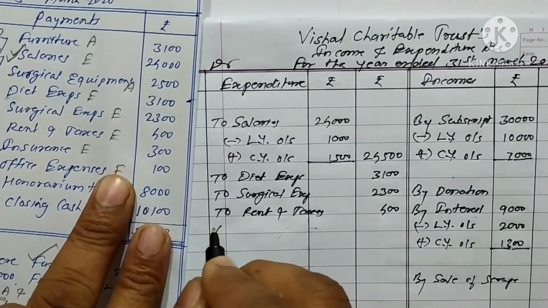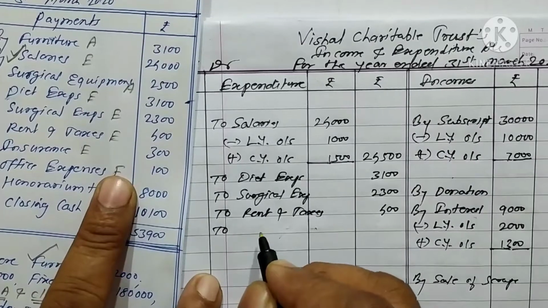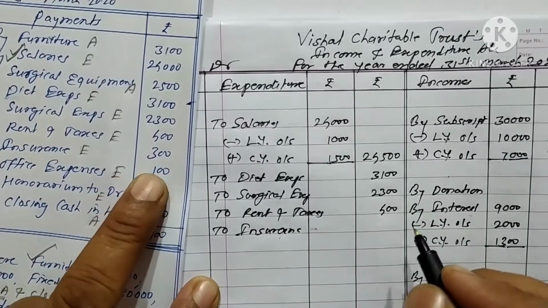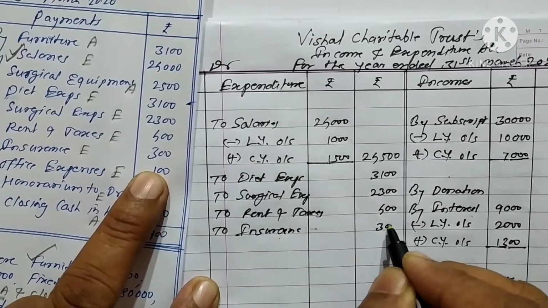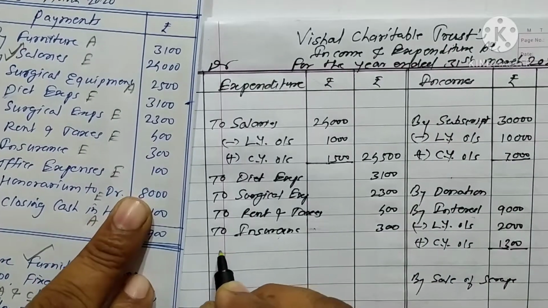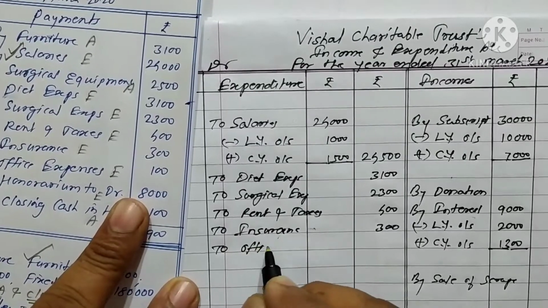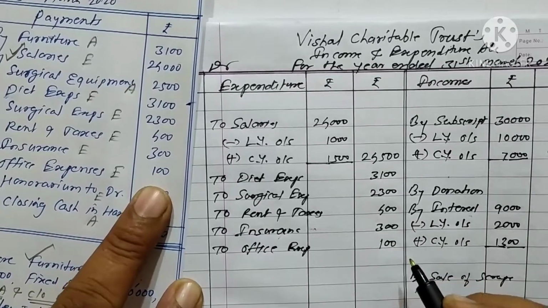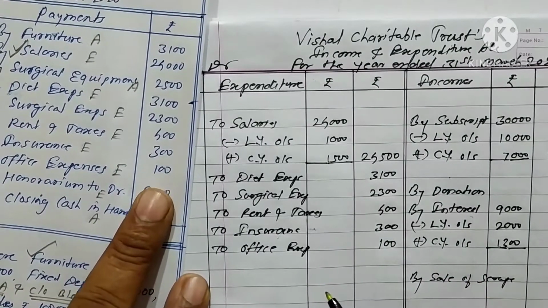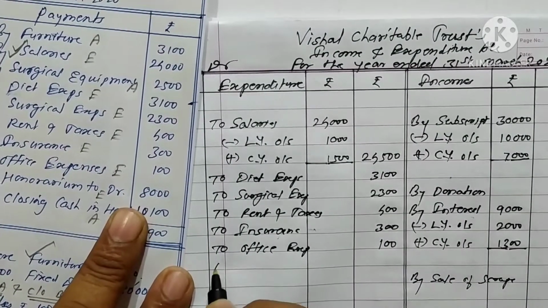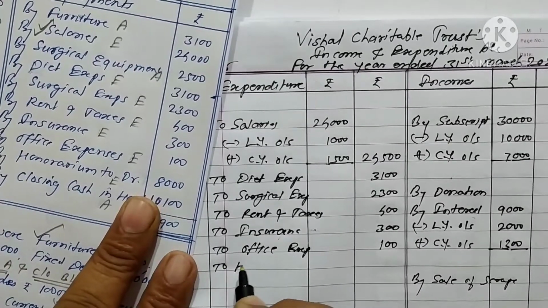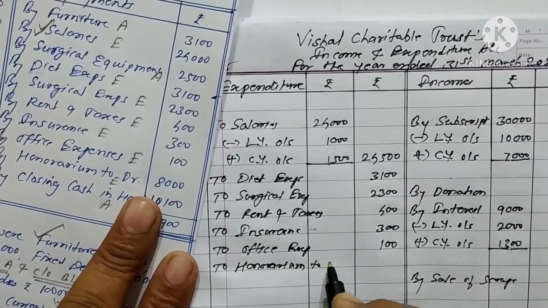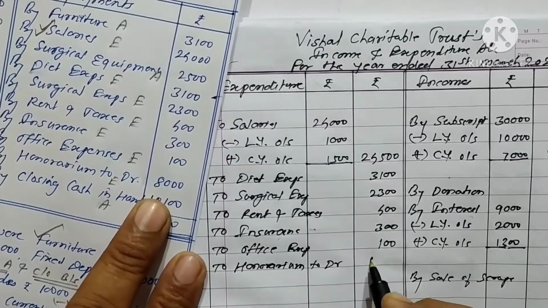Next is to insurance rupees 300. Next is office expenses rupees 100. Next is honorarium to doctors rupees 8,000.